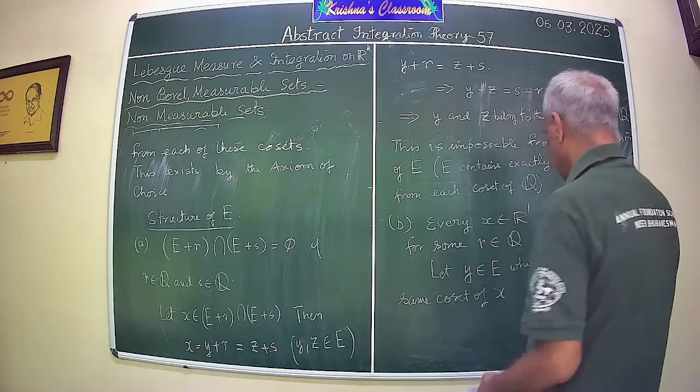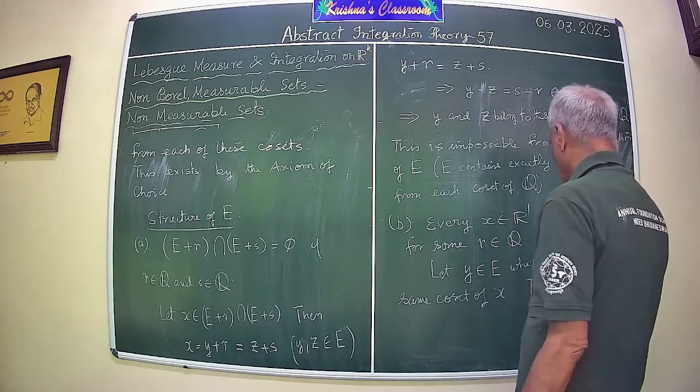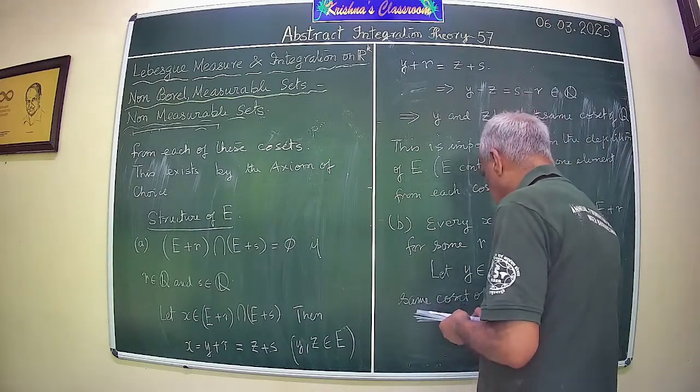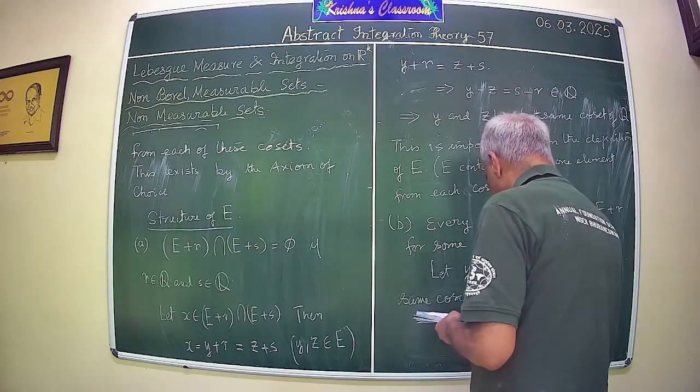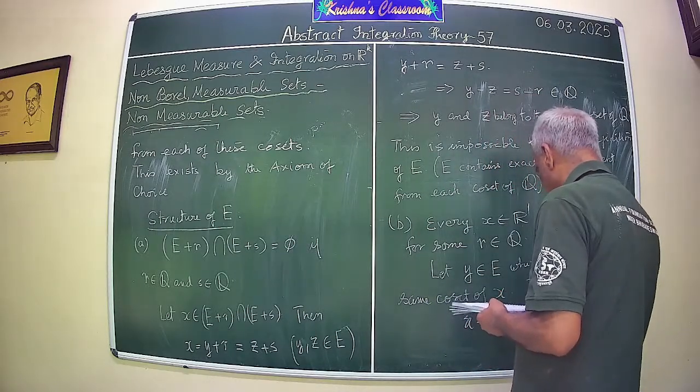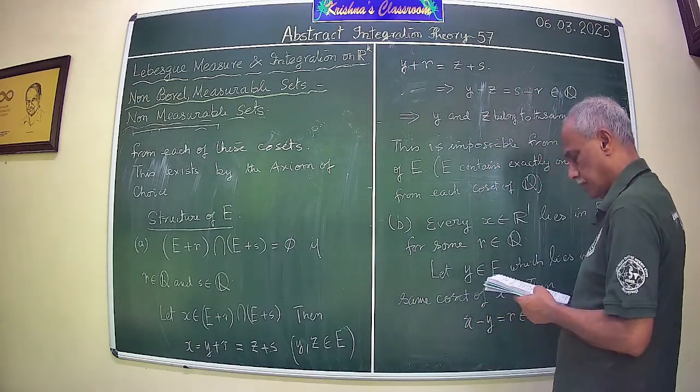Okay. Then what we have is x minus y equal to r, which belongs to Q. What does this mean?